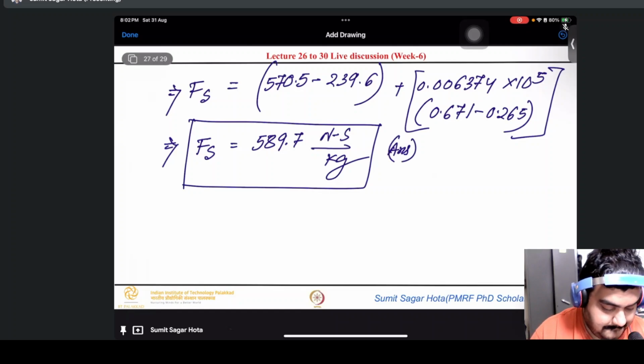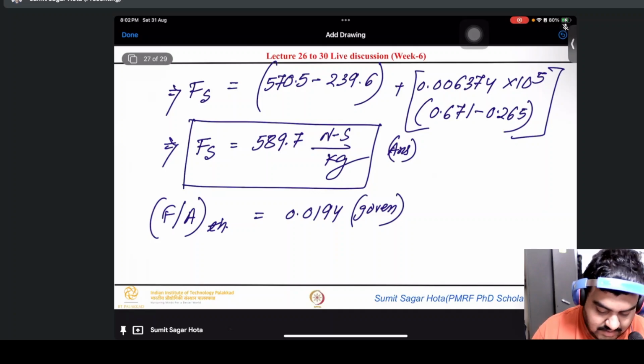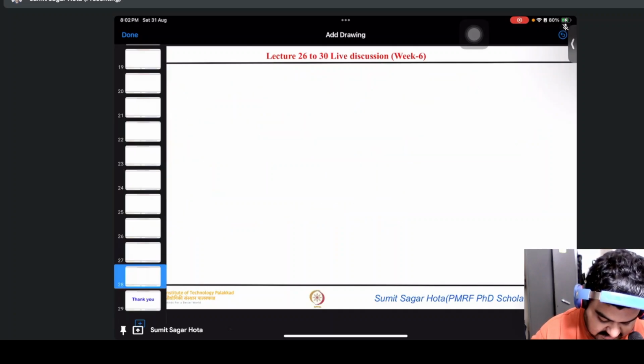Now we have F by A theoretical as 0.0194. This is given. Now we have to find the combustion efficiency.